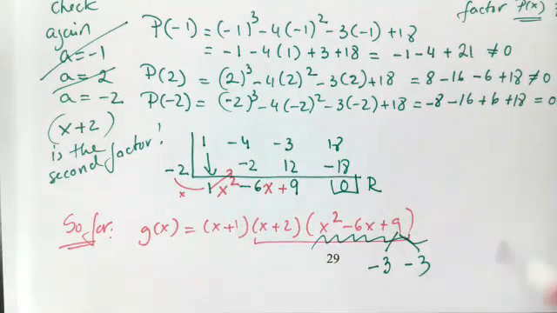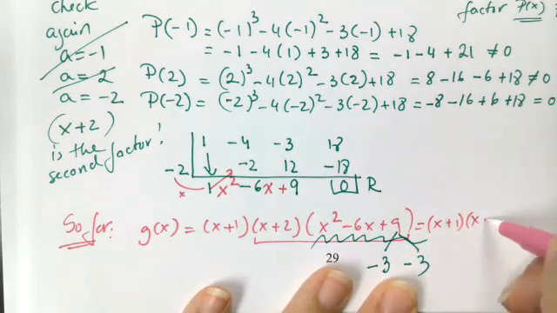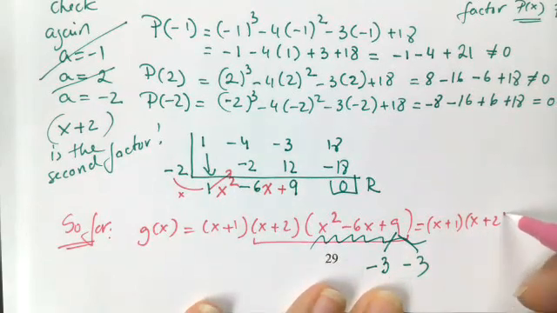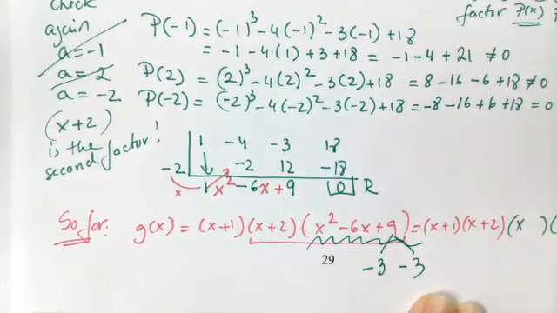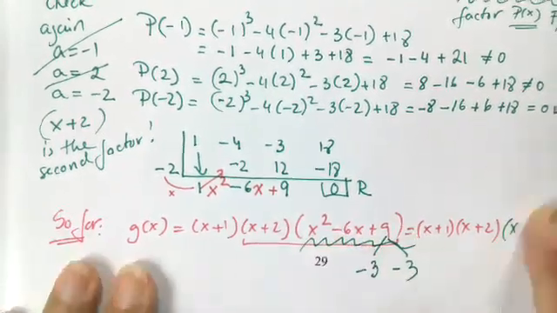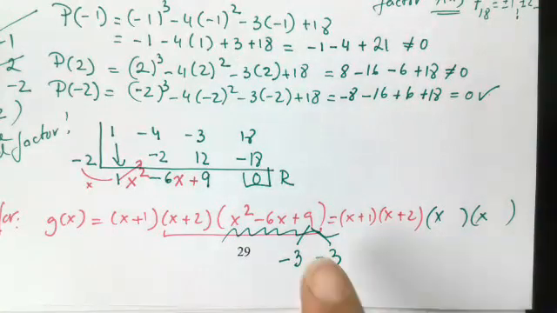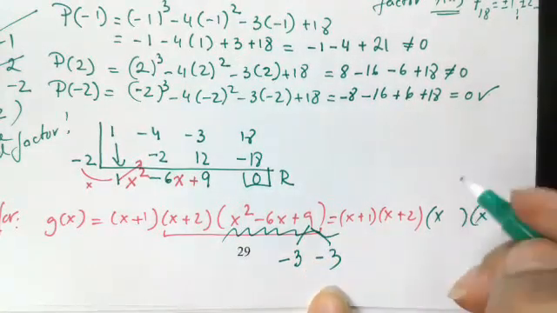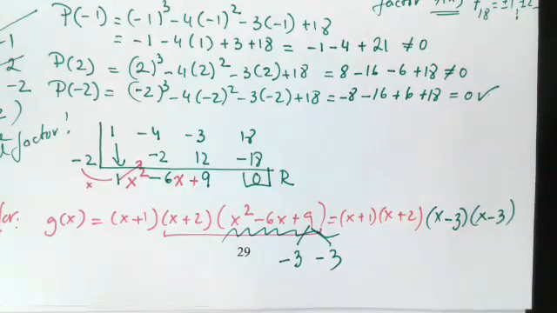Let me just copy the first two there, x plus 2. We just need to write two brackets with x's in them to factor this last one here. And then we just find the factors of the free term and plot them straight there in the brackets, like that.